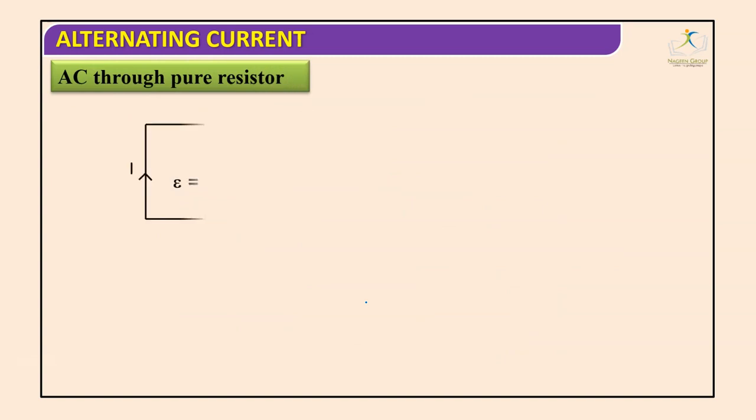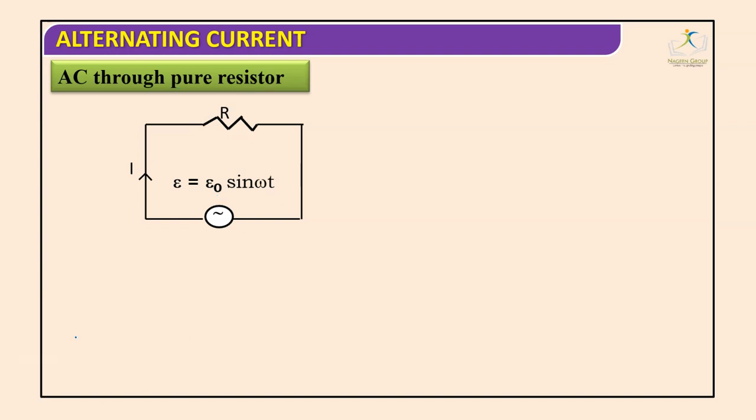AC through a pure resistor. If the alternating current circuit has only a resistor, it is called AC through a pure resistor. The alternating EMF, which we know, is E equals E naught sine omega t.